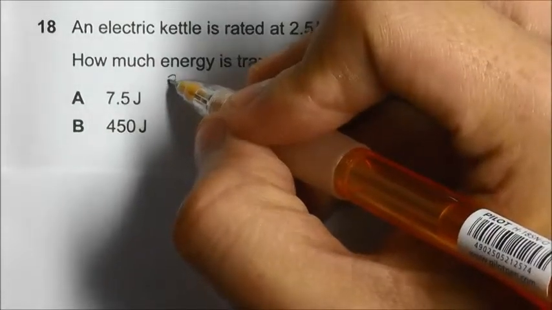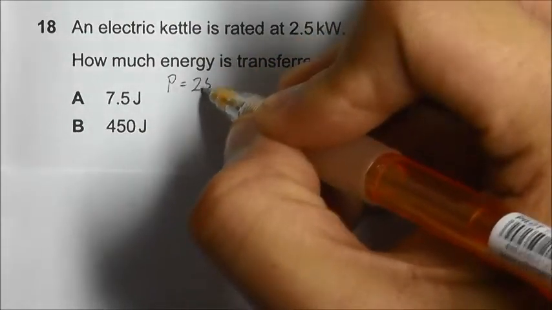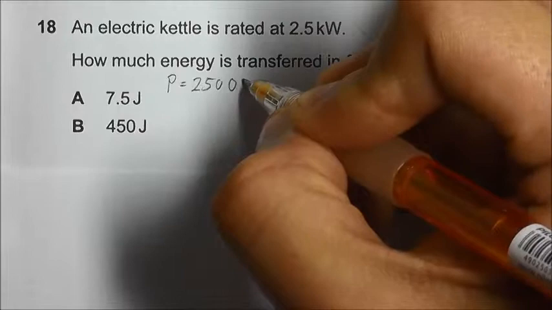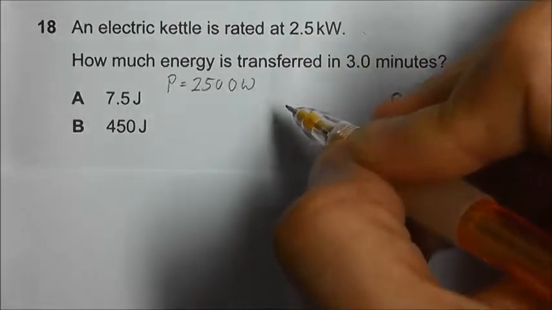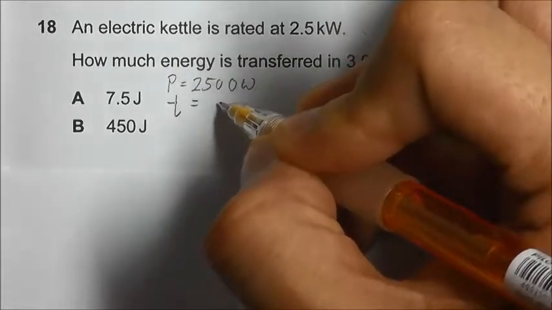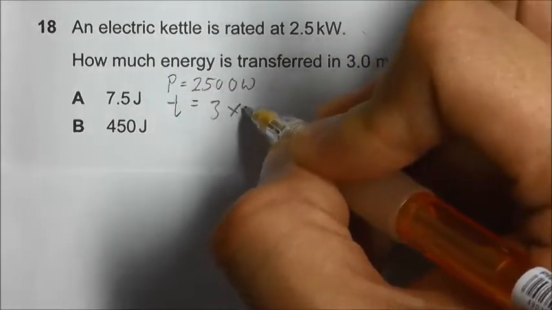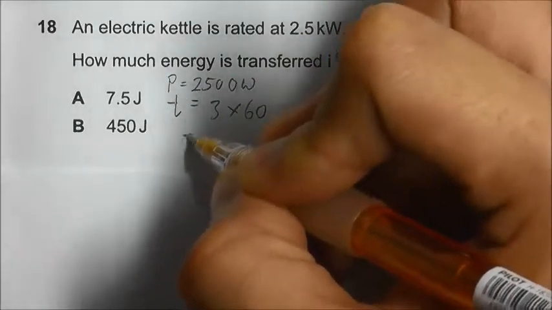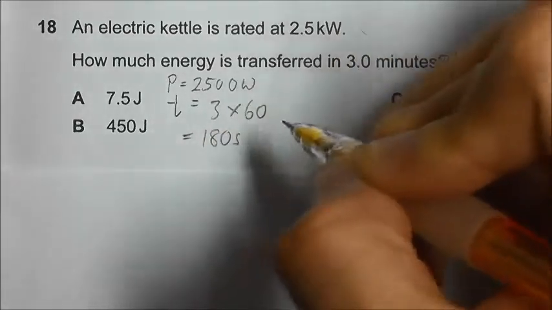Okay, the power of the kettle is 2.5 kilowatt. So we change this to watt, we know that it is 2500 watt. And the time taken is 3 minutes. That means the time is 3 times 60, which is 180 seconds.